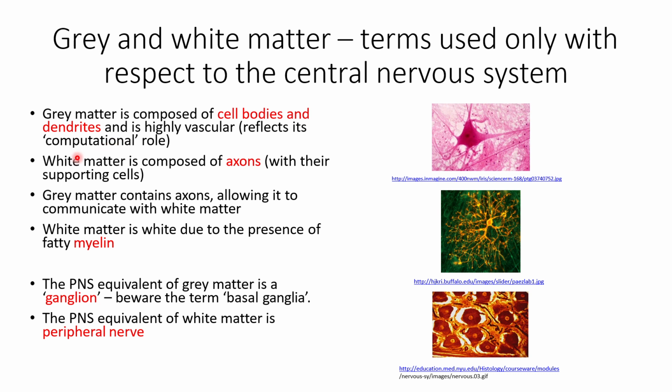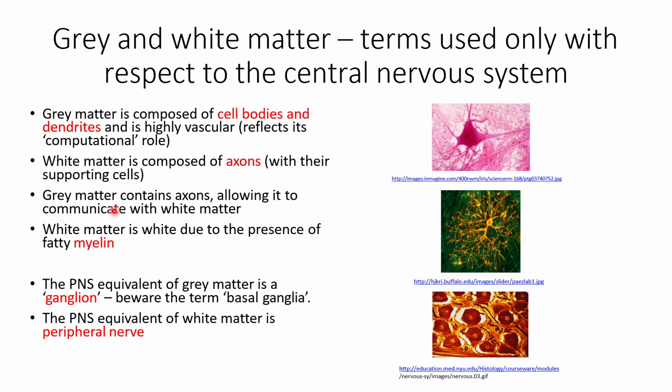Now, white matter is made up of axons. And of course, axons rarely are found alone. They often have supporting cells with them. So grey matter is made primarily of cell bodies and dendrites. White matter is made up mostly of axons. Now, that's not to say that grey matter does not contain axons, because it does.